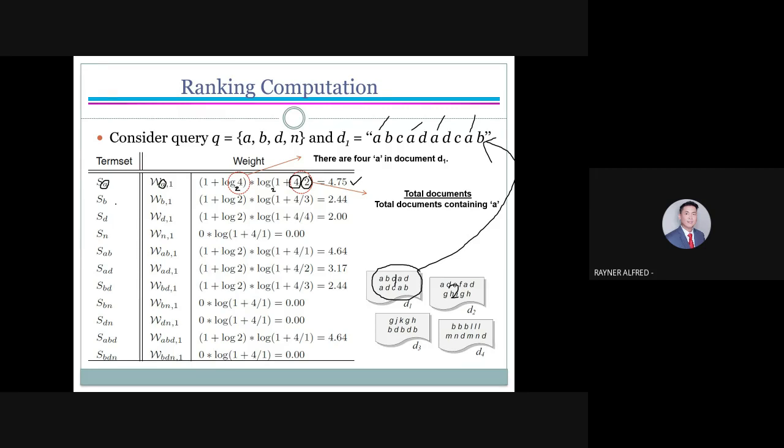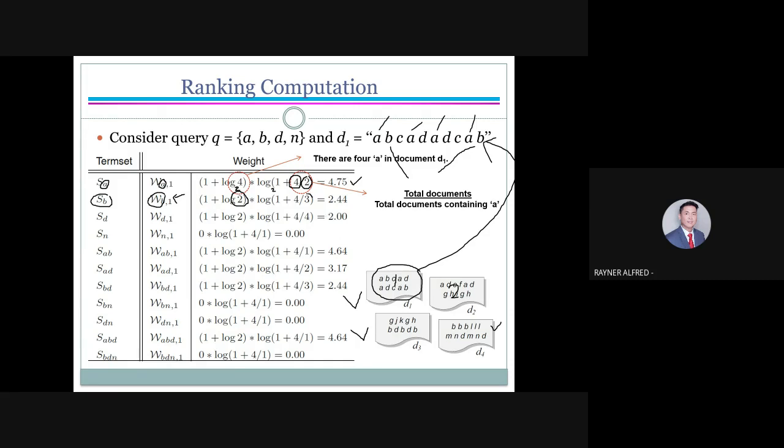Similar for term set B, this is the weightage of B in document 1. For B, how many do we have? 2. So we have 2 here. And this refers to how many documents contain B. So we have 1, 2, and 3.